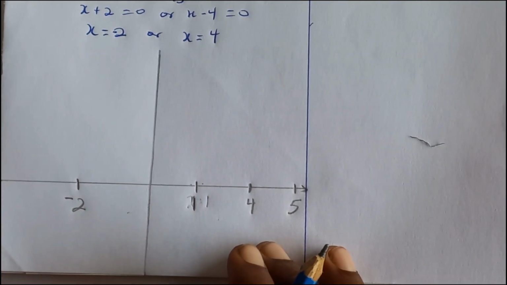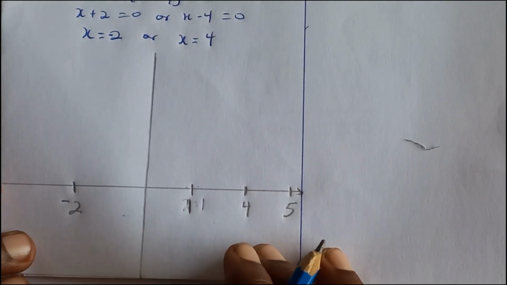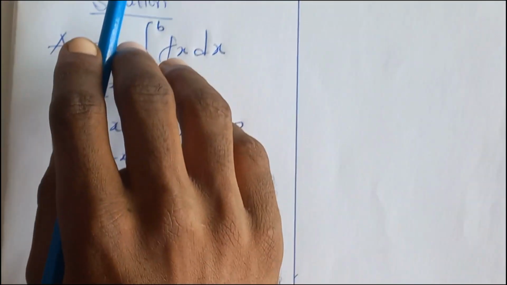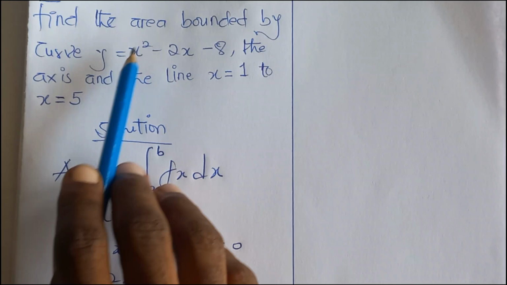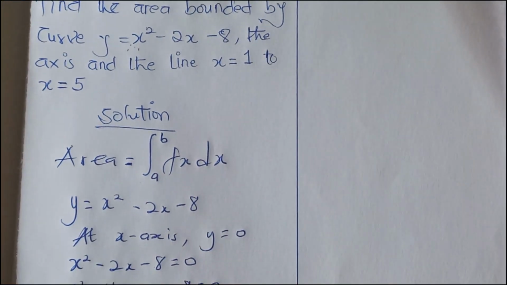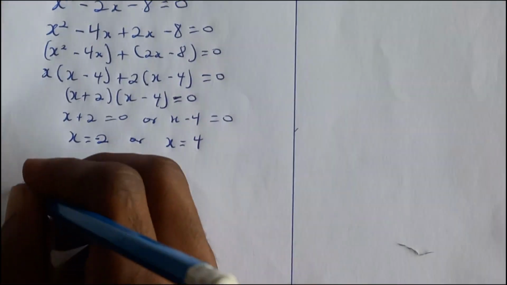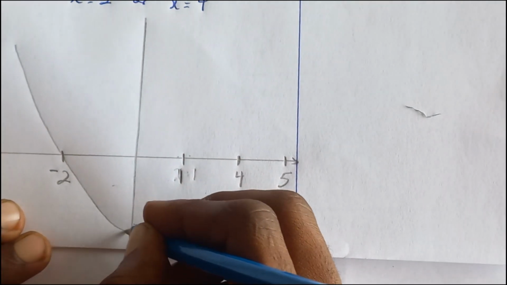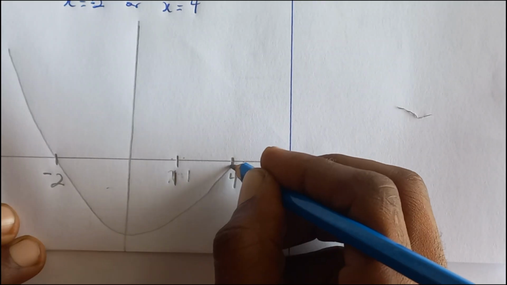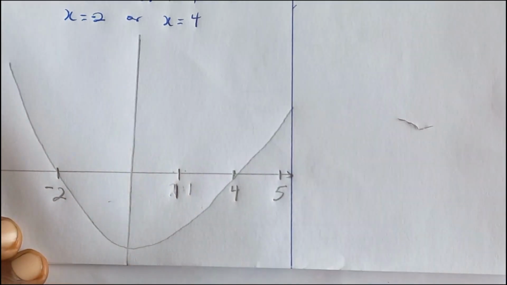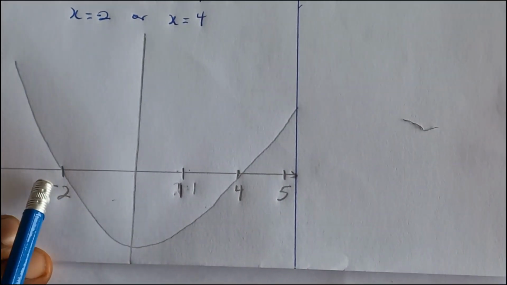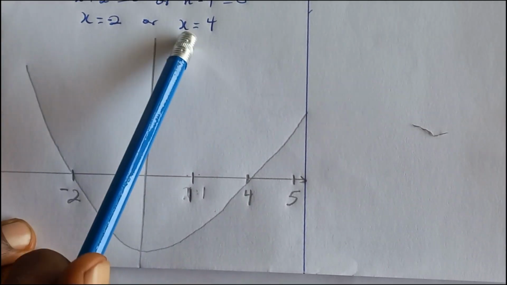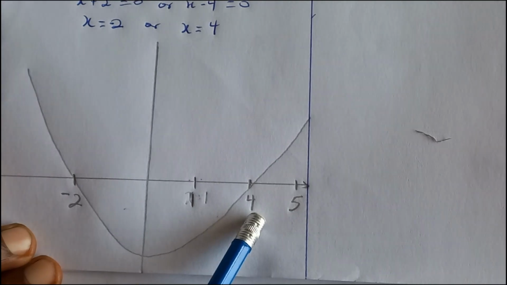For the curve, the coefficient of x squared is positive, so it opens up. It is coming from here, cuts across negative 2, then turns back and cuts across 4, like this.